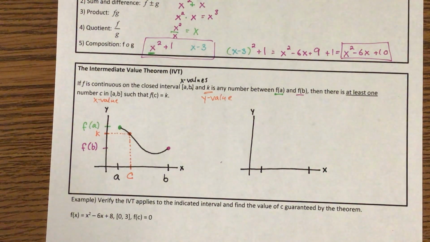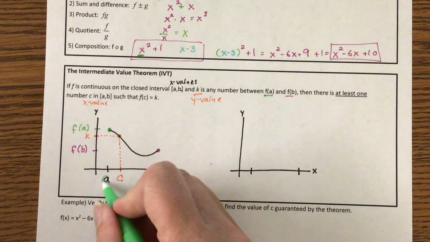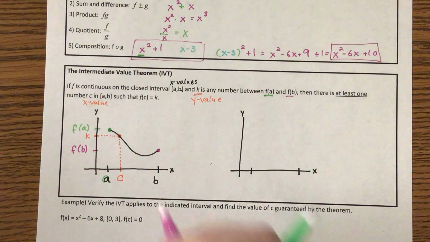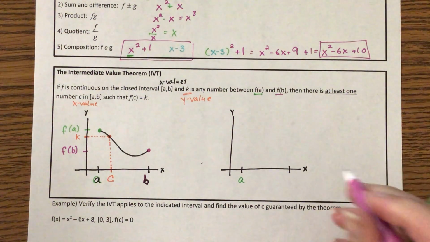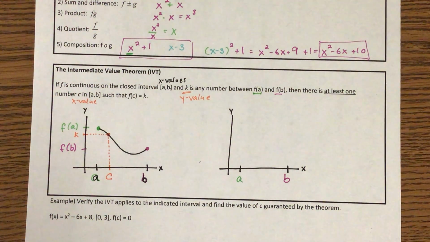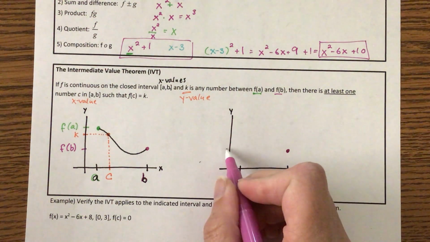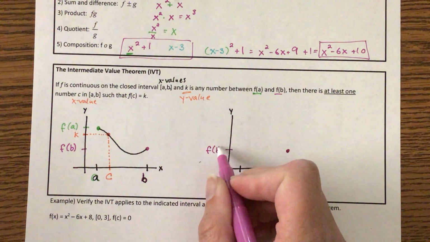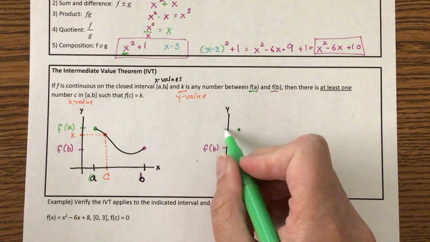Let's do an example like that. So let's have a, b here again, and let's have b over here. I'll keep f of b in the same general spot, and let's put f of a in the same general spot as well.